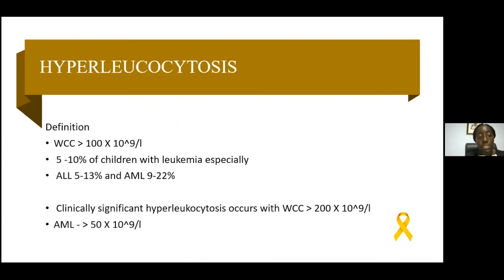Another complication that may arise from childhood cancer is hyperleukocytosis. This is seen in children with acute lymphocytic leukemia or acute myeloblastic leukemia, where you have a WBC count of more than 100,000.